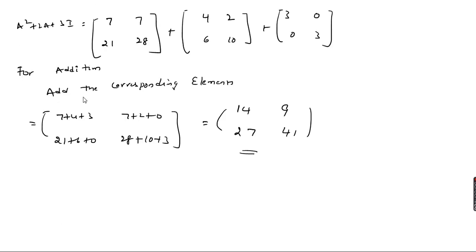For addition, we add the corresponding elements: 7 plus 4 plus 3, 7 plus 2 plus 0, 21 plus 6 plus 0, 28 plus 10 plus 3. Finally we get 14, 9, 27, 41.